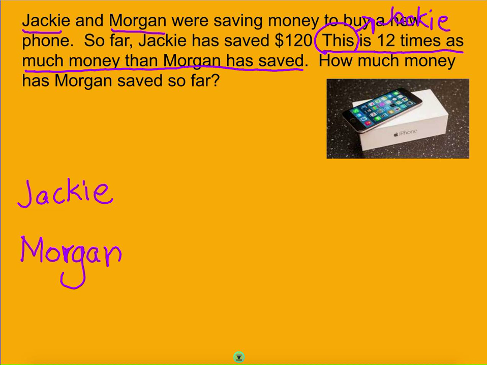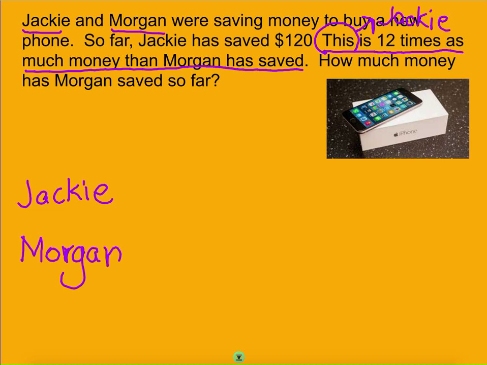And this is really important. This is like a reading strategy, right? We're trying to identify who the sentence is talking about, because that's very important for us. So now when I read this, it says, so far Jackie has saved $120. Jackie is 12 times as much money than Morgan. All right?